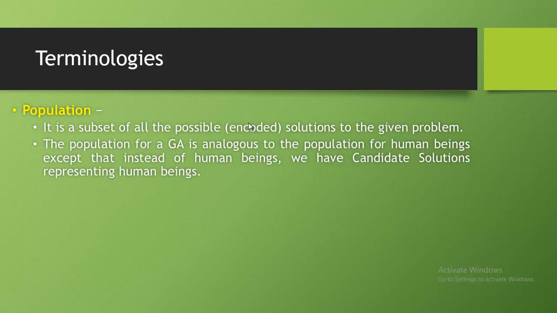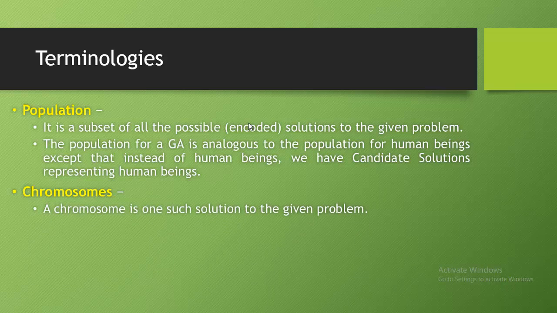The population for a GA is analogous to the population for human beings, except that instead of human beings, we have candidate solutions. The next one is chromosome. A chromosome is one such solution to the given problem. Whenever you have a set that represents the solutions of a given problem, from that set you select one solution.